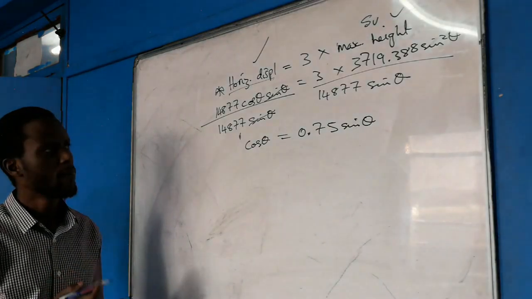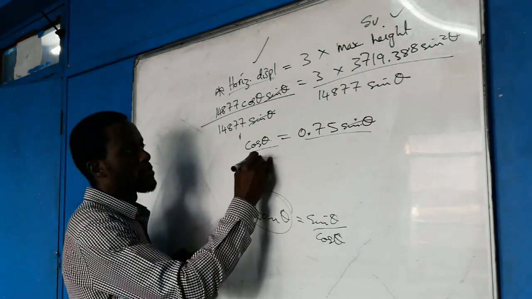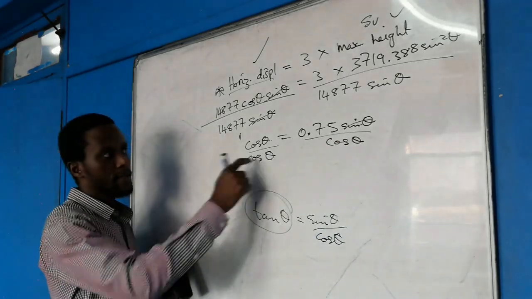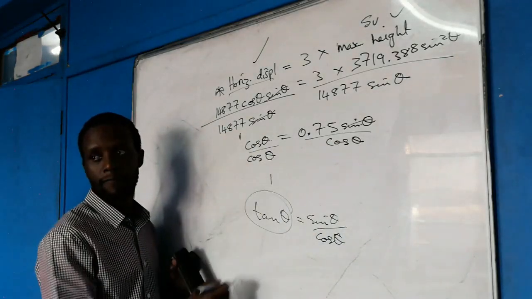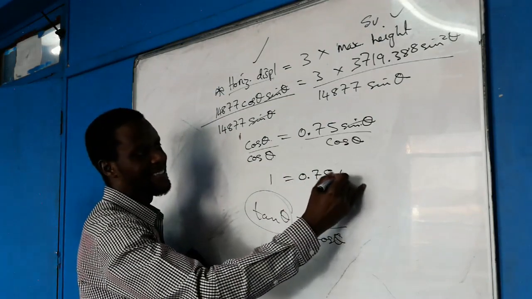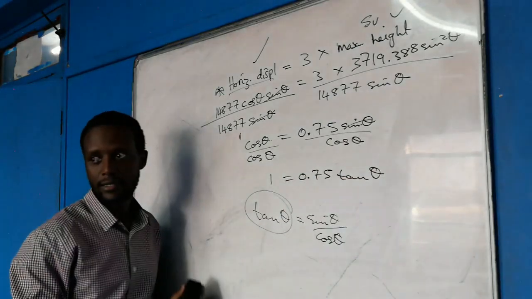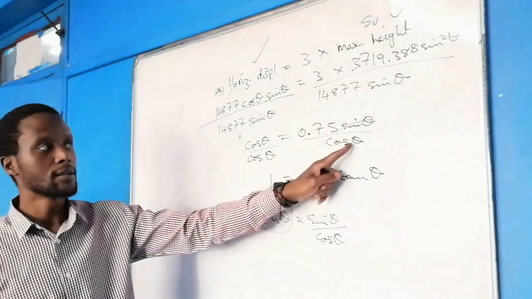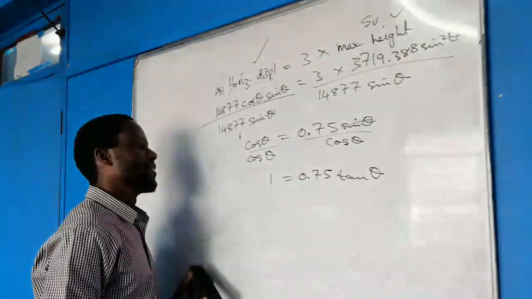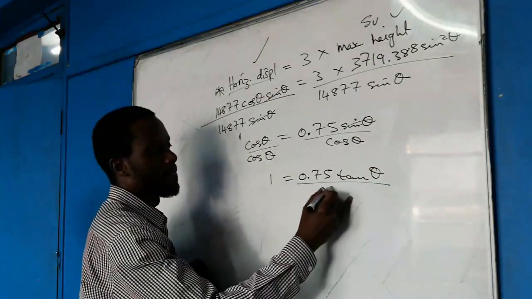Makes sense. We divide by cos theta. This and that will give us 1. This will give us 0.75 tan theta, because sine over cos is tan. Then what do we do?